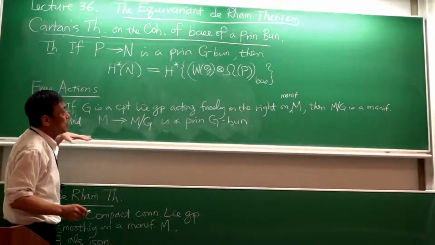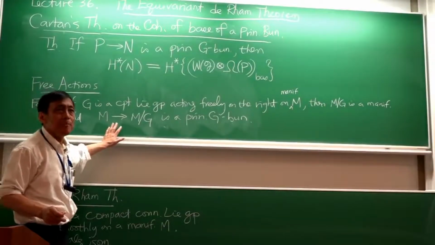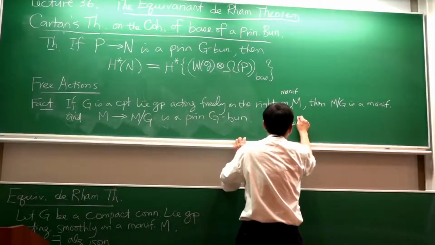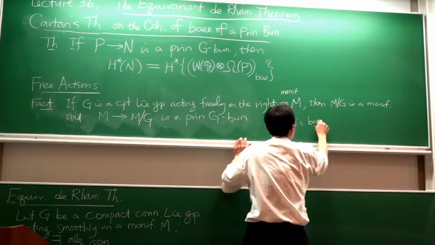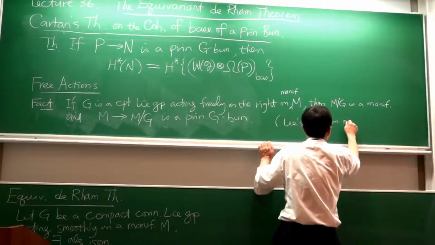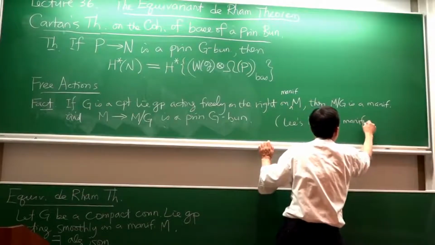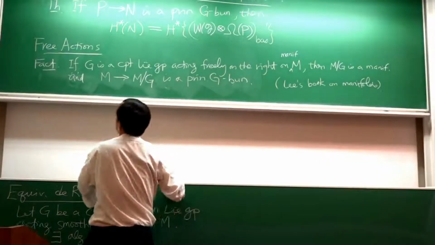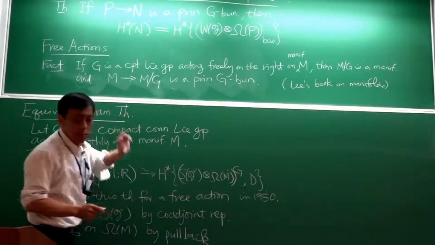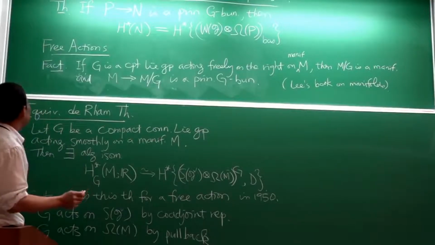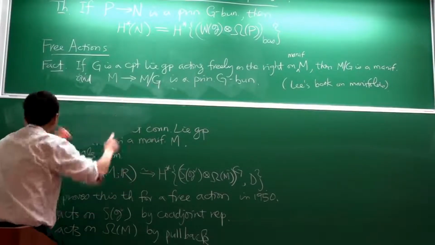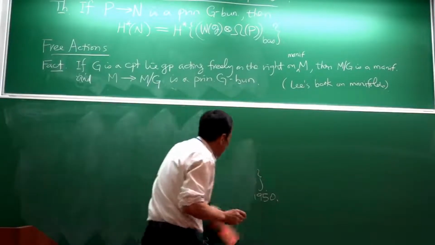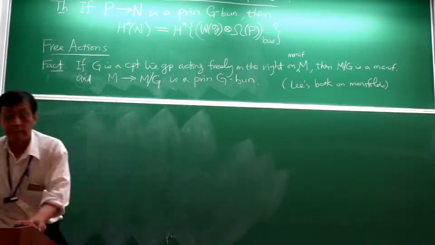Okay, now this is a standard theorem on group actions, and you can find the proof in Lee's book on manifolds. Okay, so if you have a free action, then you have a principal bundle, and then you can apply Cartan's theorem.